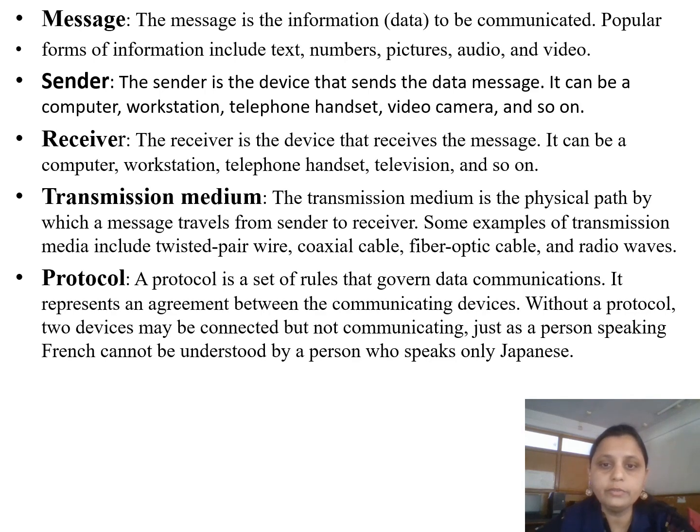Here the transmission medium is a physical path by which a message travels from sender to receiver. Some examples of transmission media are twisted pair cable, coaxial cable, fiber optic cable and radio waves. Basically, transmission media have two types: guided media and unguided media.